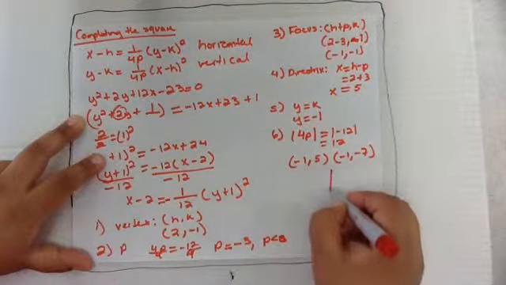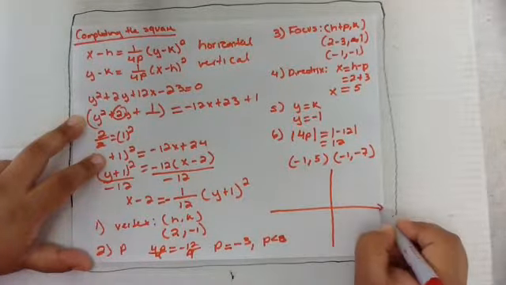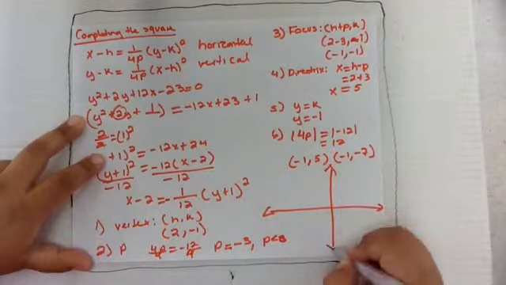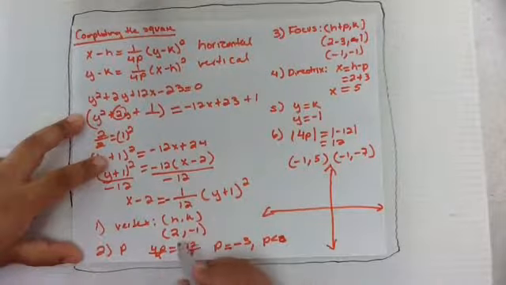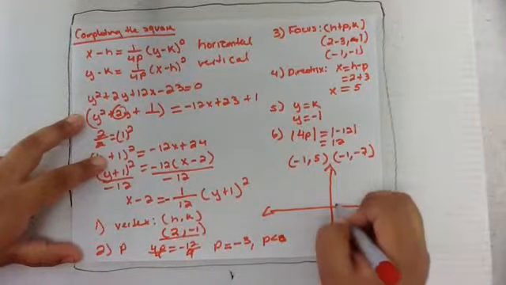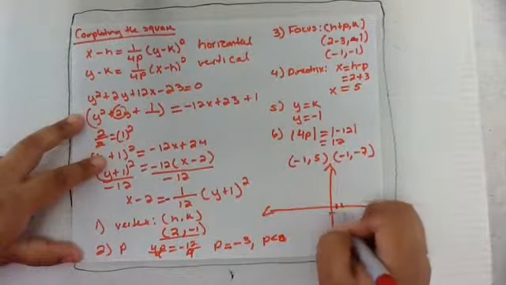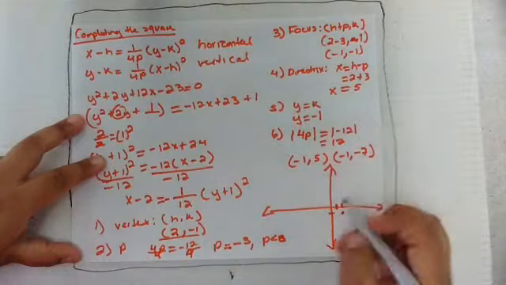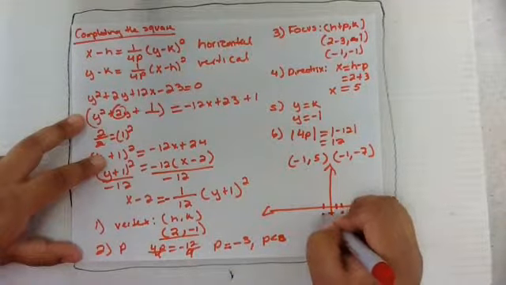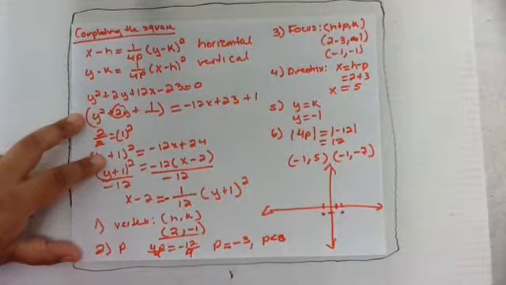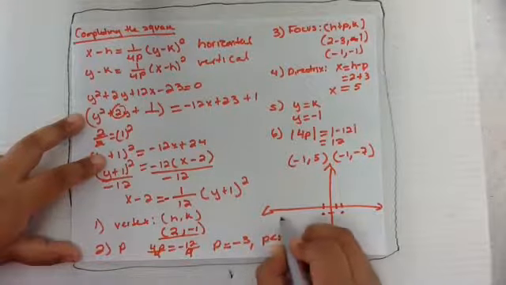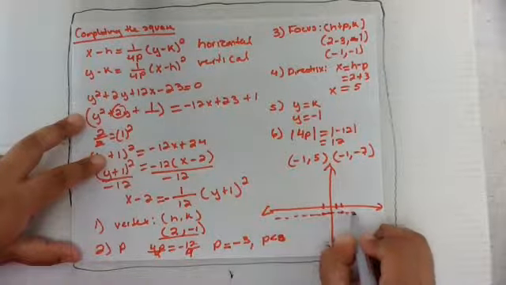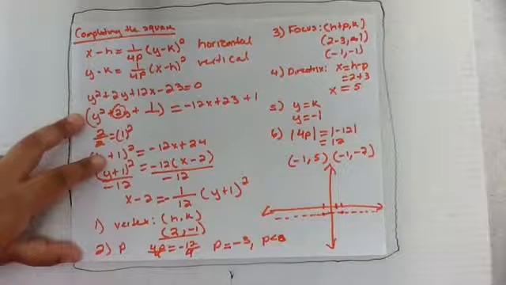So now we can graph. Our vertex is at 2 and negative 1, so it's right here. Our focus is at -1 and -1, which is right here. Our axis of symmetry passes through the focus and through the vertex.